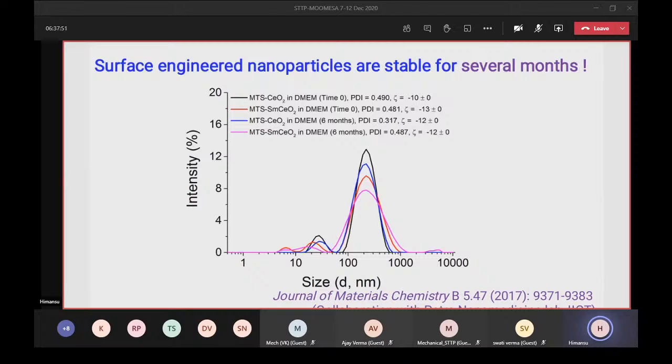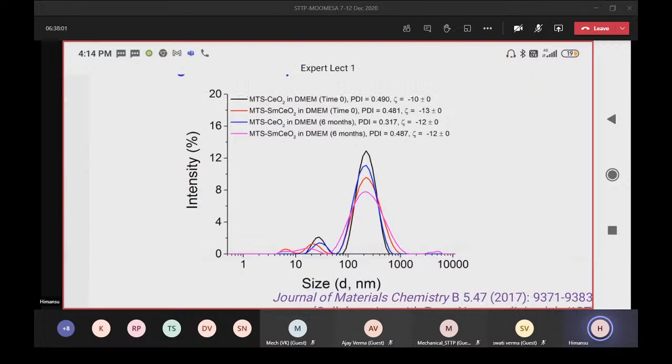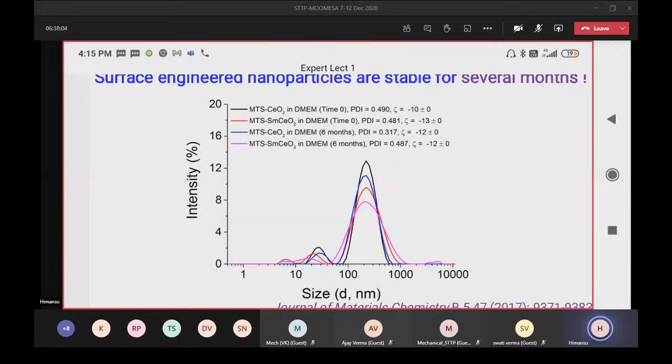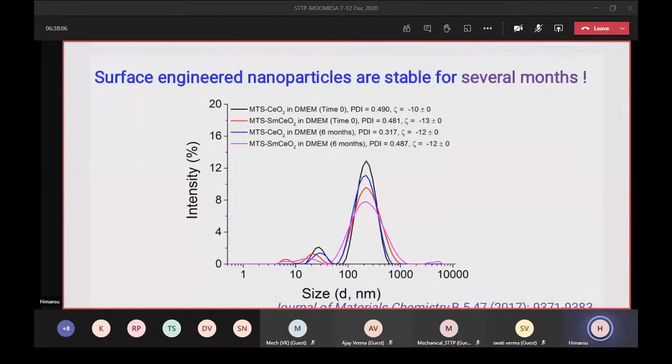If they really agglomerated, you would have seen something like 100 or 1,000, a big gap. If you see the DLS pattern, the light scattering pattern, it is almost the same with a little bit of variation. That's a very good thing.